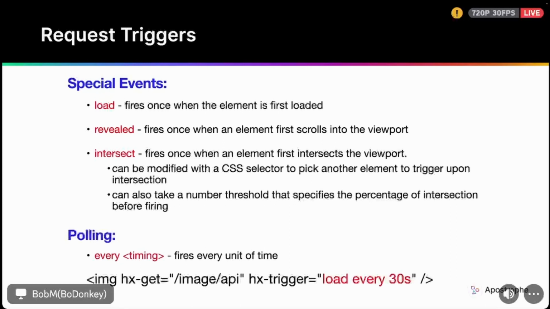One last thing to mention with modifying how the request trigger fires off is something called polling. Pretty much the only method in polling is every, and that takes a unit of time. In this example at the bottom, you've got a GET request that's going to fire, hitting the image API endpoint, and that trigger is going to occur when the element is first loaded, but then it's going to occur again every 30 seconds.